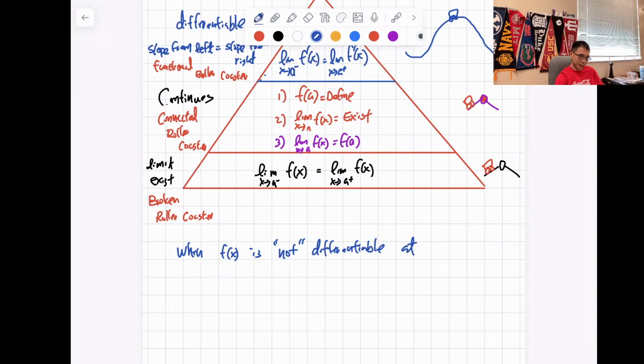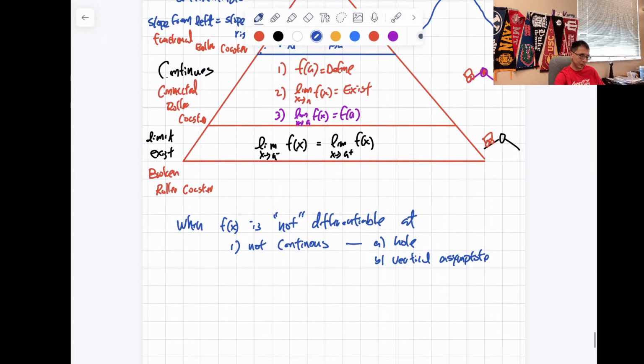First, when a function is not continuous. There are a couple situations where it's not continuous. You could have a hole, or a vertical asymptote. So this is the first situation where it's not differentiable.